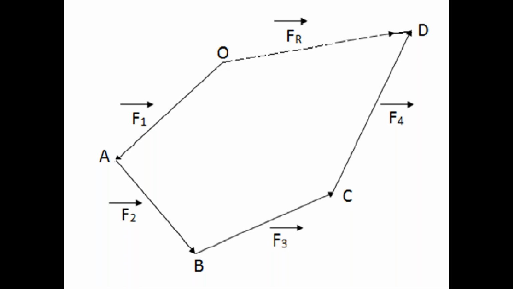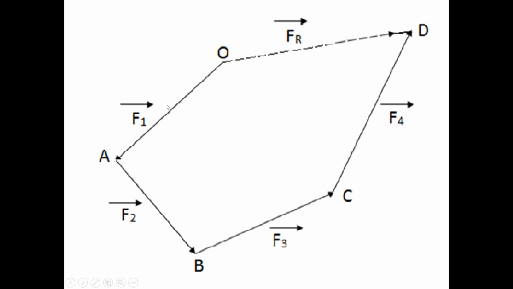From point O, draw a straight line so that this straight line is parallel to the direction of force F1 bar. On that straight line, select the point A so that the length of this OA is equivalent to the magnitude of the force F1 bar.